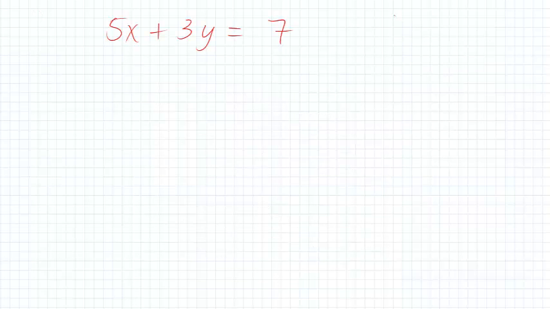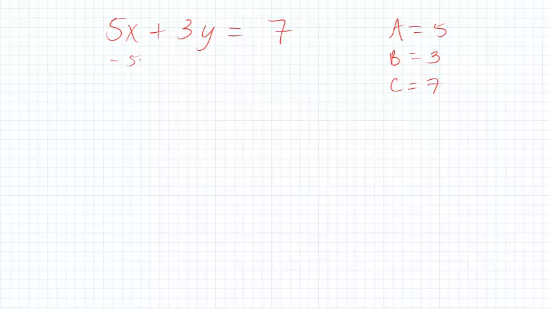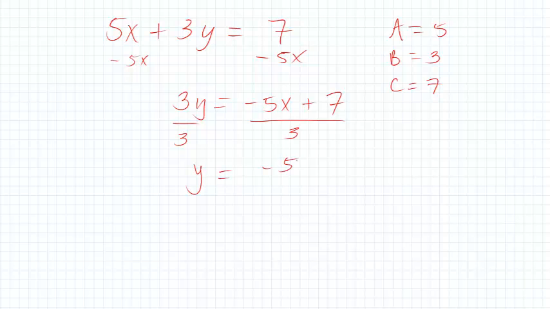If we look at a specific example of this, we could identify each of our letters first. A is 5, B is 3, and C is 7. The first thing I did before was to subtract AX from both sides. So here I have BY equals negative AX plus C. Now I'm going to divide both sides by B and simplify my fraction.